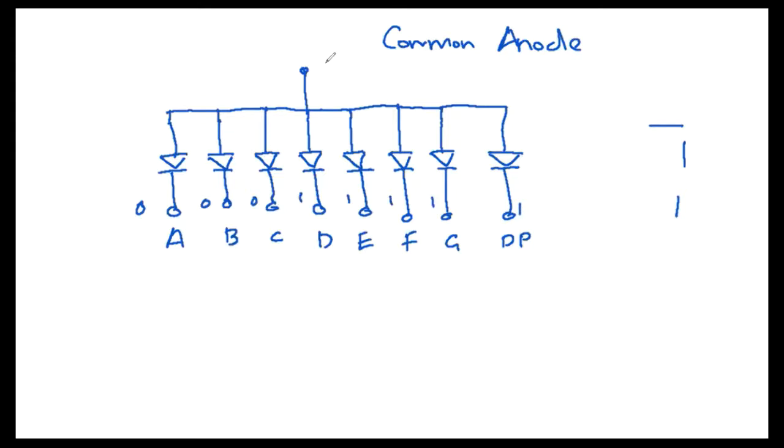The common anode is supposed to be high, so when this is high, it will be 5 volts. Current will flow in this direction through the LED, and since segments A, B, and C are low, or 0 volts, those LEDs are going to be switched on. So this is for a common anode display.